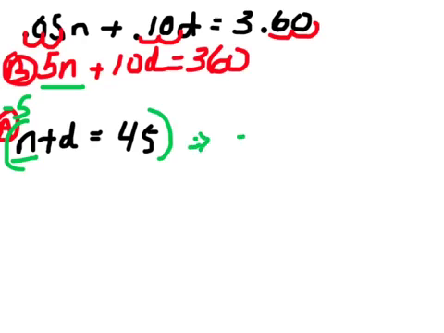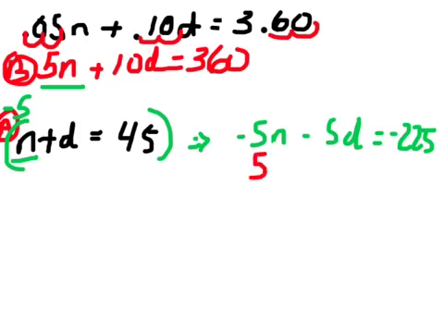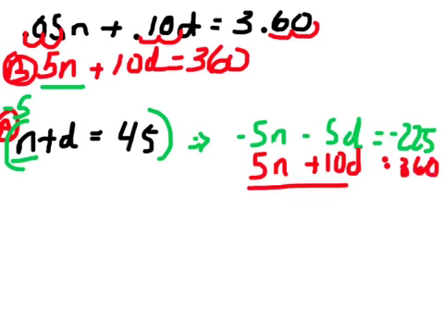That would give me negative 5n minus 5d is equal to negative 225. And that's equation A. Now I'm going to recopy equation B. It's in red, so I'm just going to recopy it in red just so you see where I got it from. So 5n plus 10d is 360. Now, if I want to solve this, the n's are going to cancel out. I got negative 5d plus 10d.